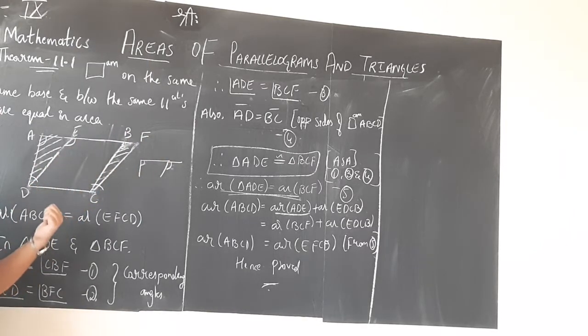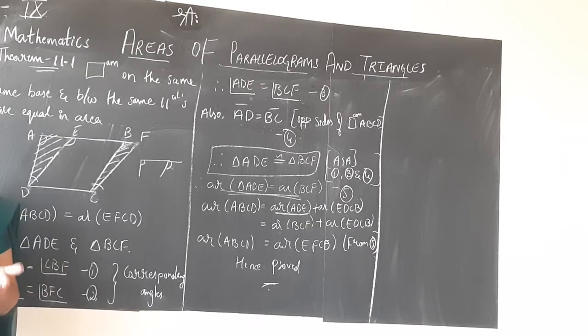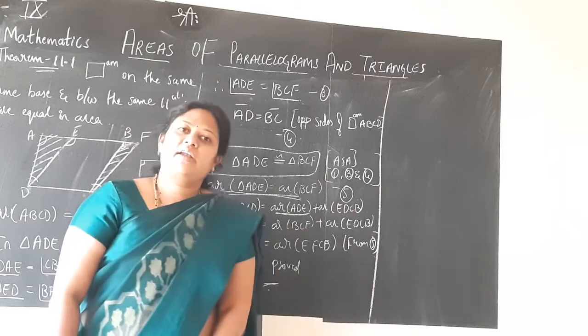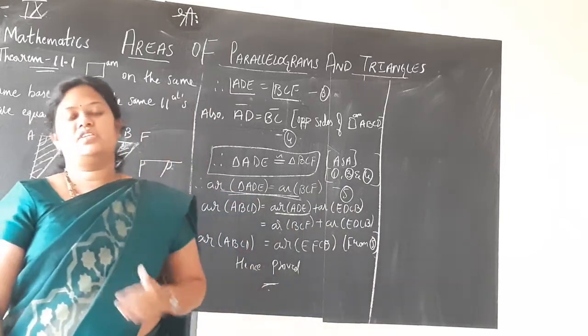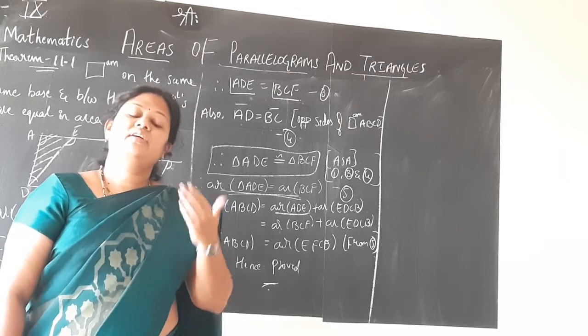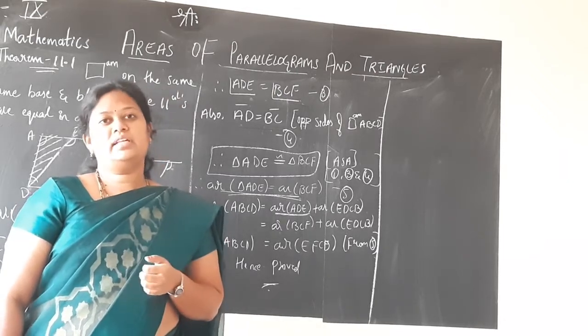Next you will write exercise 11.1 and this theorem, and in the next session I will be solving exercise 11.2. Up to exercise 11.2 you have for your upcoming test. Exercise 11.3 is not there, because it is about areas of triangles. Up to areas of parallelograms you study for the upcoming test, children. In the next session I will be starting with exercise 11.2. Till then, take care.